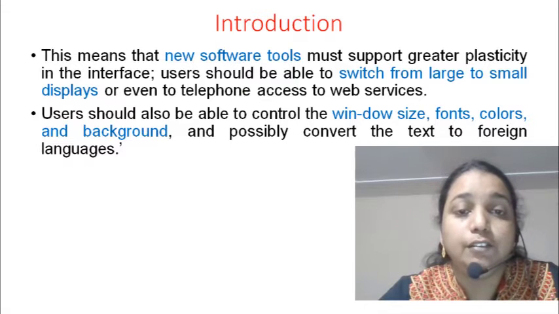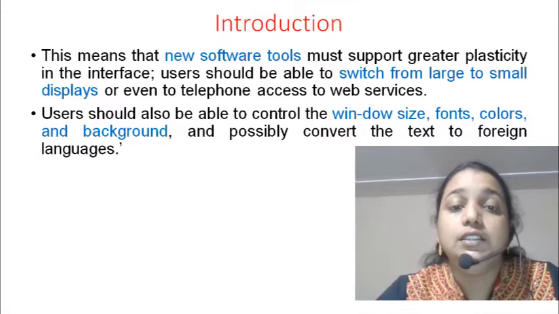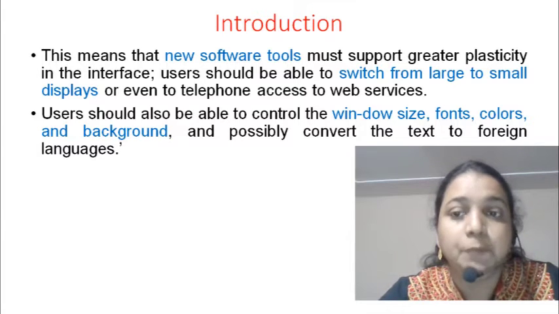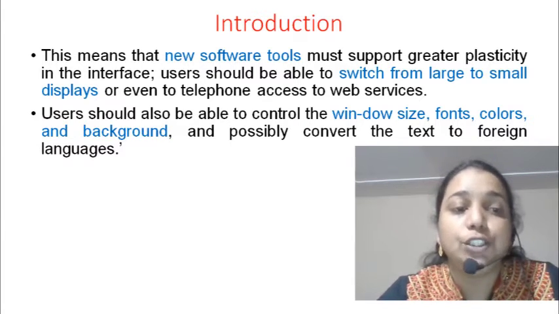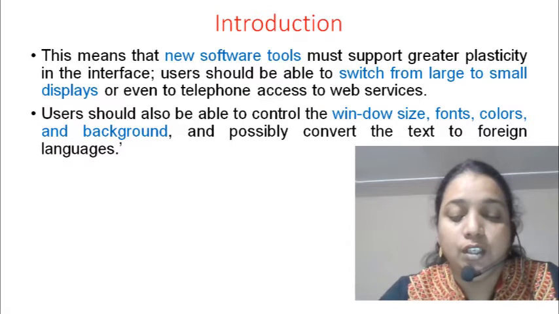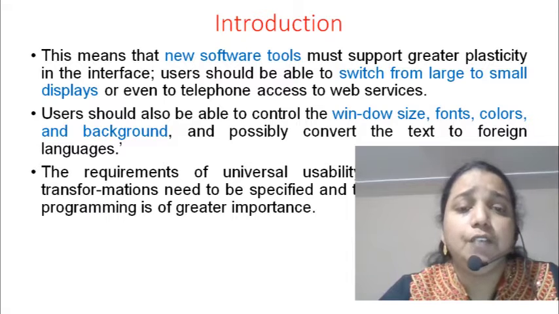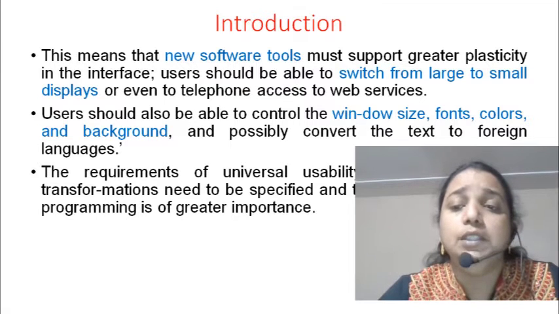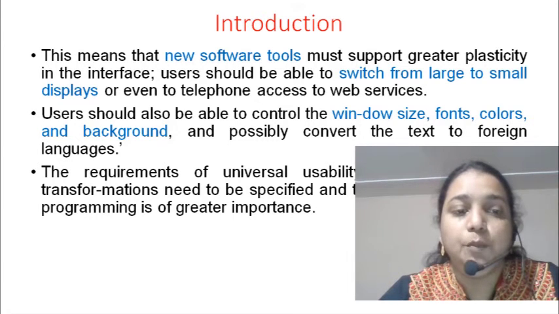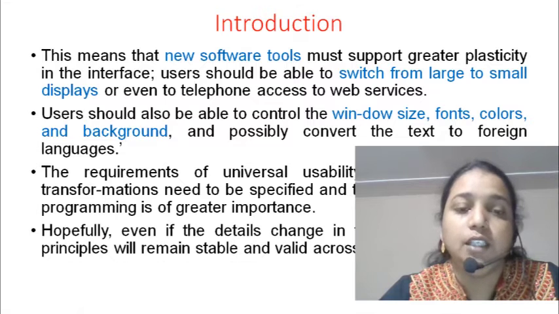Whatever language we are using, the system can change. Your mobile can display the content in Telugu, Hindi or English. That is the conversion of text from one language to another. And the requirement of universal usability means that content transformation needs to be specified, so device independent programming is of greater importance.